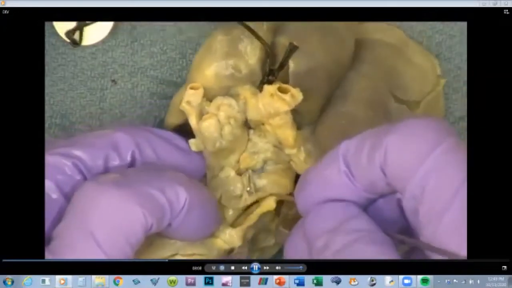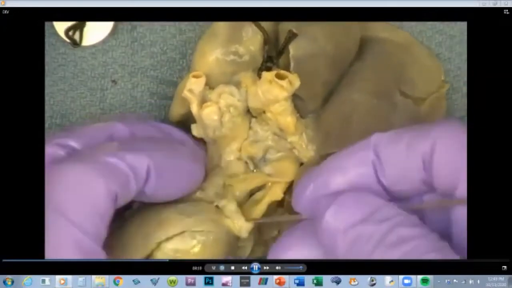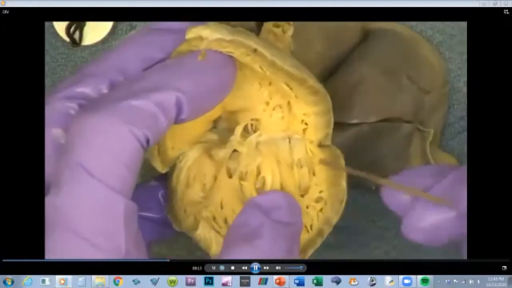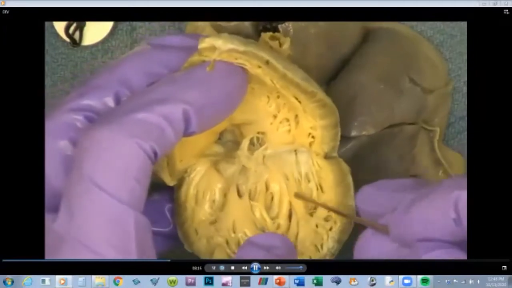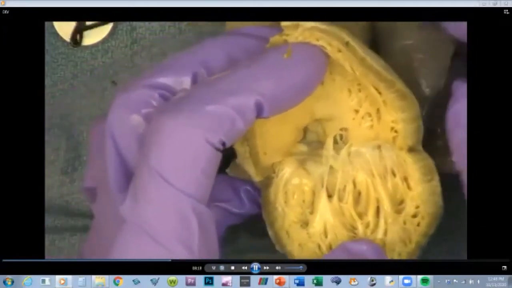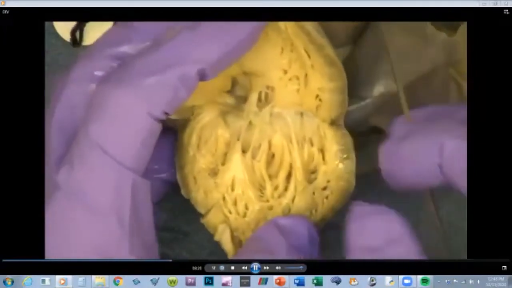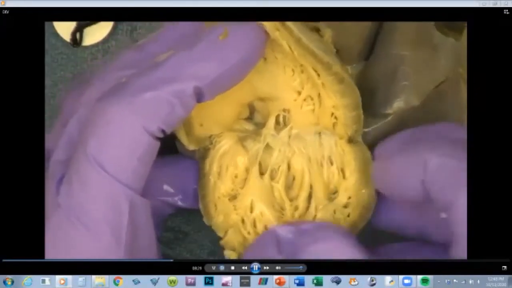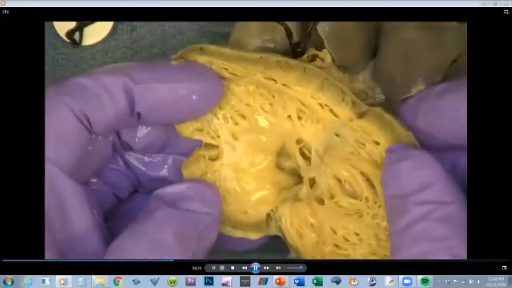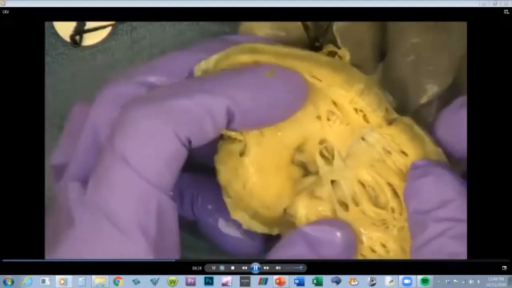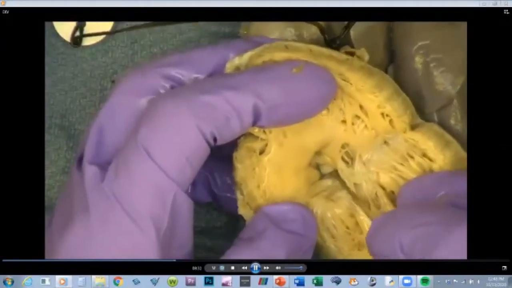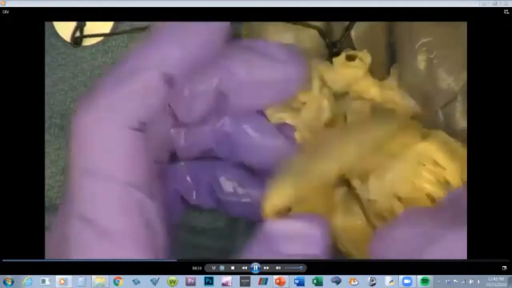There's the atrial communication again right there, and it goes through this left-sided atrioventricular valve right here into the left ventricle as well. So both of these atrioventricular valves, the right and the left, come into the left ventricle. Here's our smooth left ventricular septal surface here. And this is the outflow from this ventricle to the pulmonary artery, which is right there.